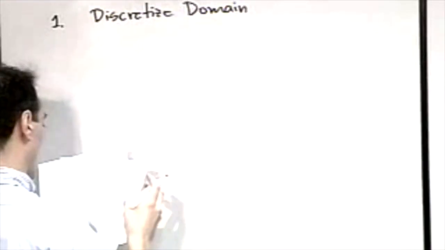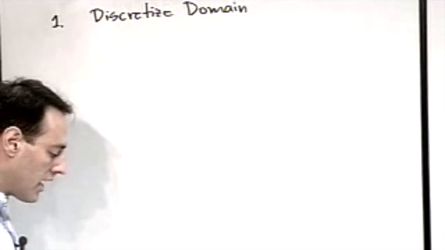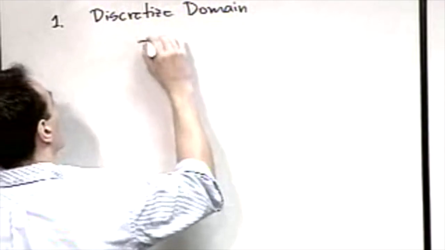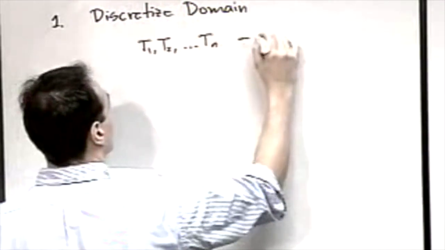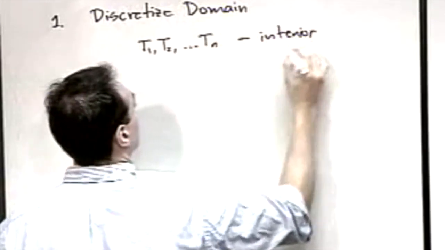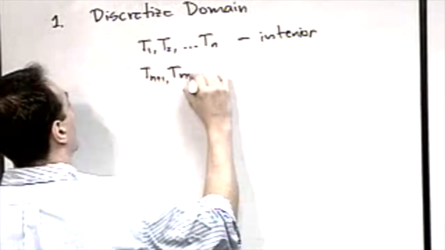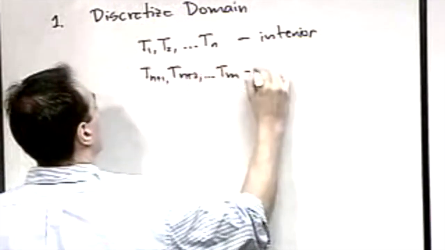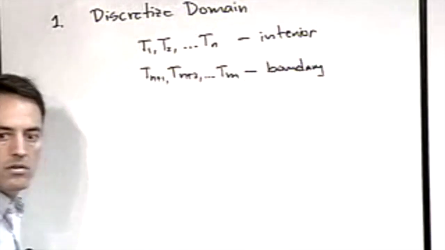And it becomes clear from this formulation that what you want to do is separate out what are called the triangles. We call them T1, T2, all the way to T of n, which are the interior triangles, and the boundary triangles.